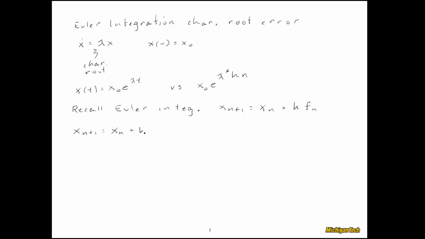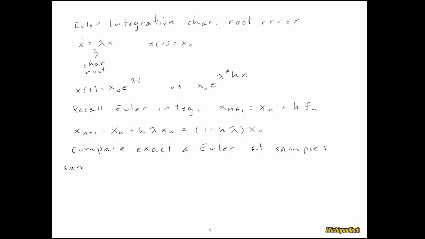We have xn plus h times lambda times xn, and we can simplify this a bit. So we have this quantity times xn, and now we'll compare the exact and Euler solutions at the various samples. We have samples at n equals 0, 1, 2, 3, all the way up to n.